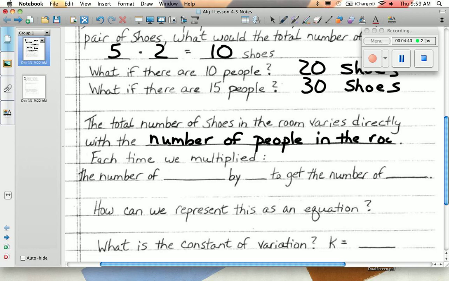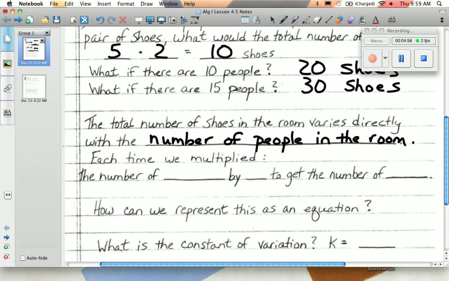If you want to figure out how many shoes are in the room altogether, just count up how many people there are, multiply by 2, and you have the total number of shoes in this room, even if we call boots shoes, okay?